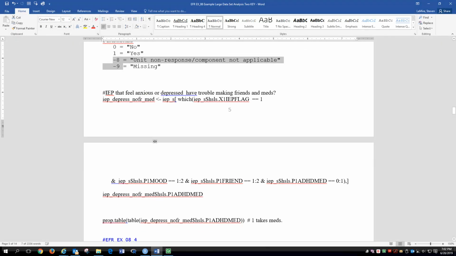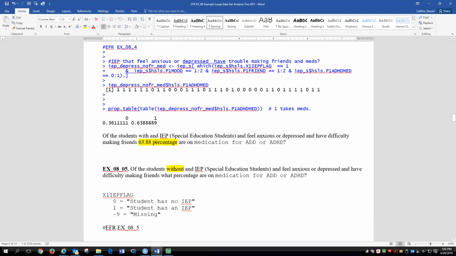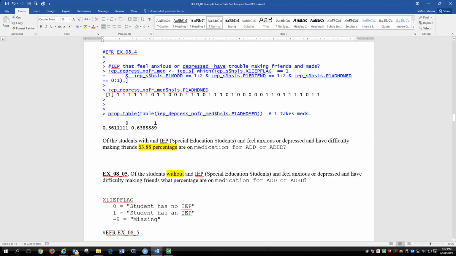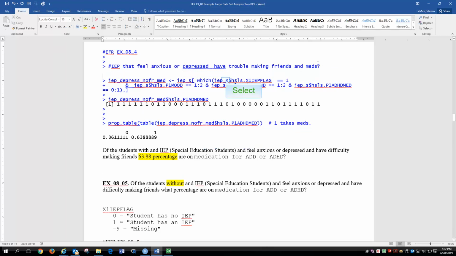So as we see down here within the text, this is quite a long one, but we can do this. Right here, the IEP, here's the mood, here's the friends, 1 and 2, and here's the med, right?